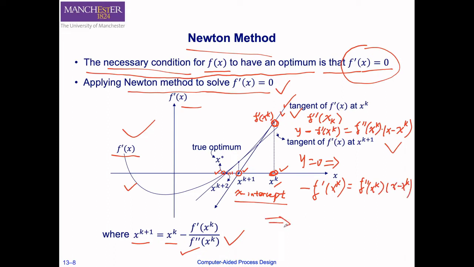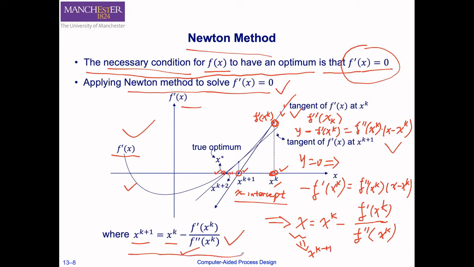Then we can get x is equal to xk minus f prime xk divided by f double prime xk. This x is a better approximation to the root at the next iteration, the iteration k plus 1. Then this one is xk plus 1. Then we obtain this formula.